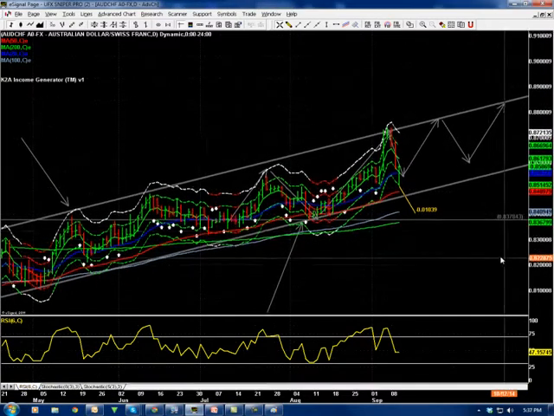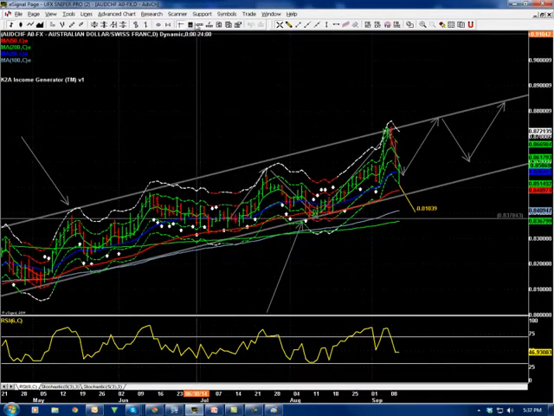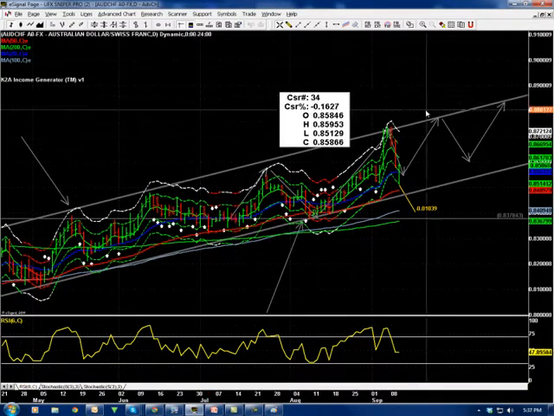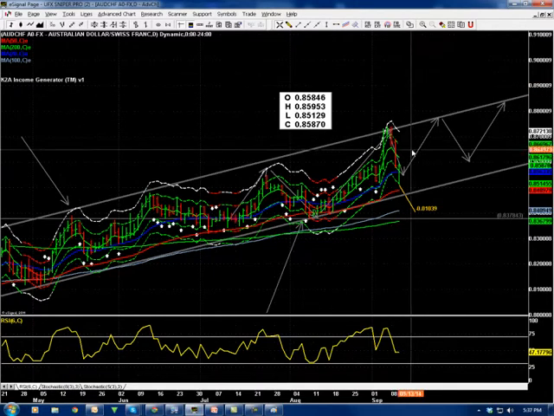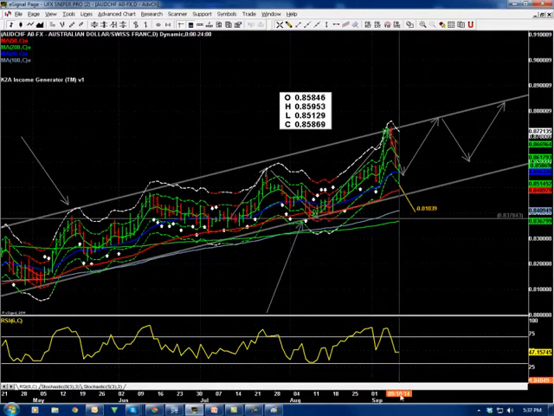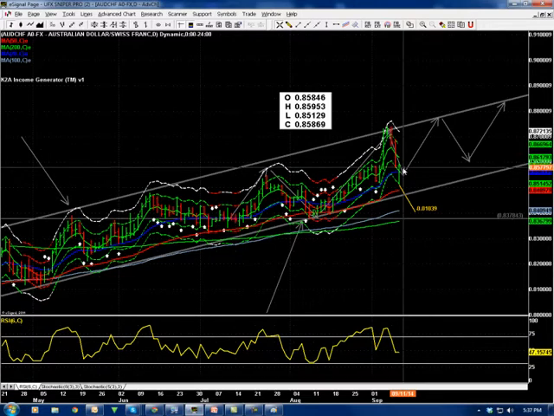The entry is 5 pips or 10 pips above the high of the bar. For an income generator, it will be 5 pips above the high of the bar. So it'll be 85.95 plus 5, call it 86.01.